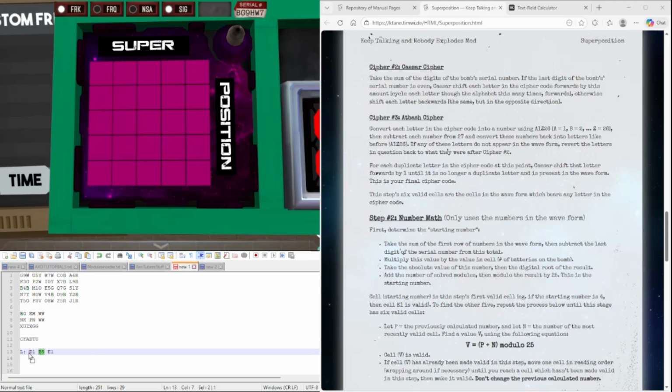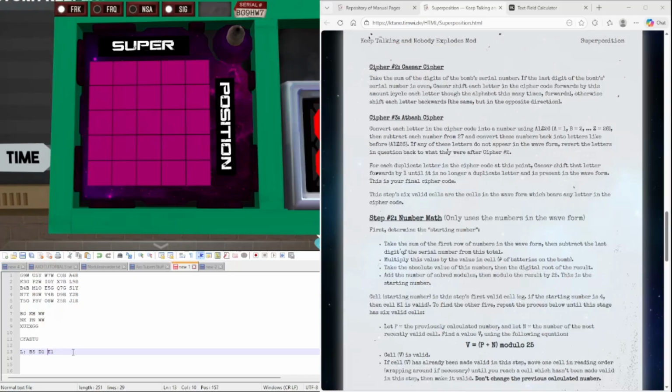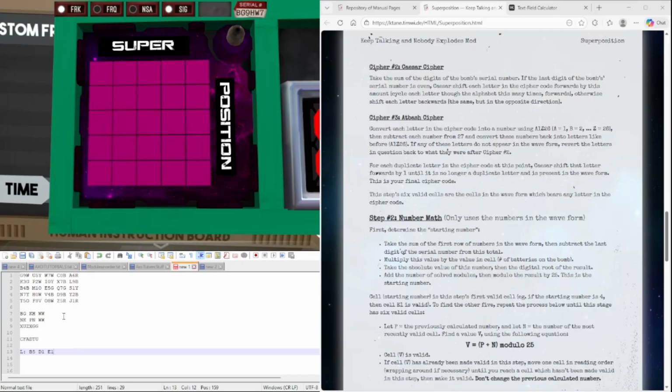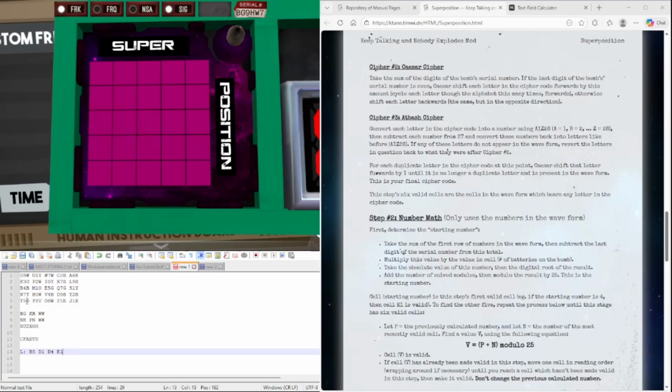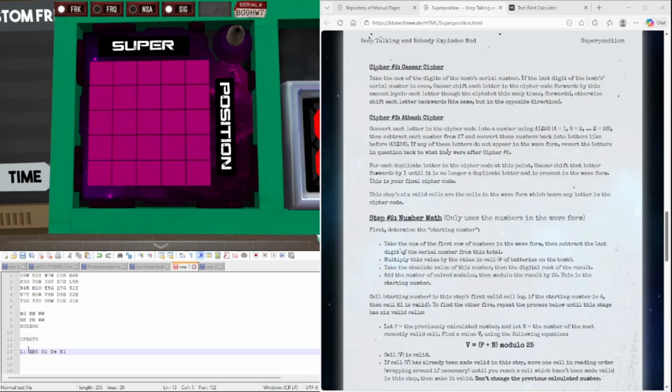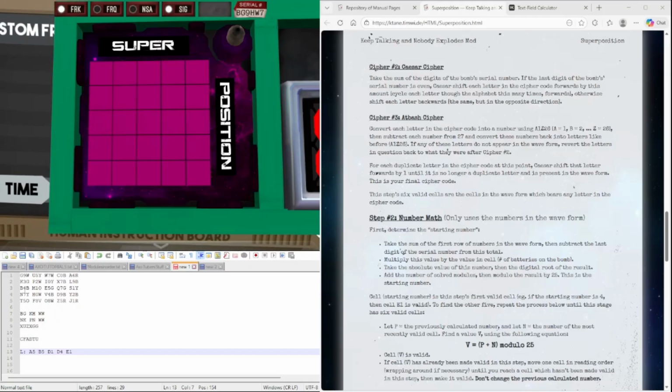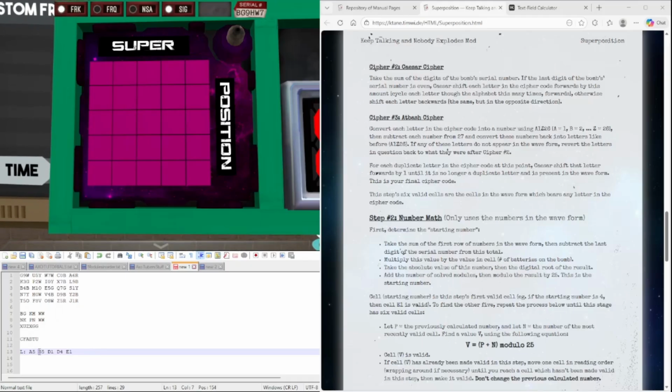So I put these in corner order. That's D4, A5 and B1.